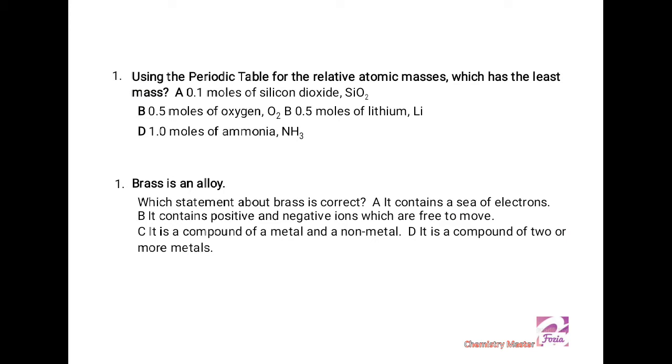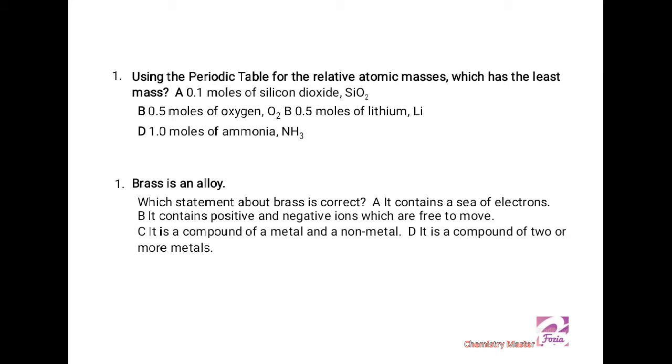Now the MCQ is, using the periodic table for the relative atomic masses, which has the least mass. Now you have to see the periodic table for it. You see what are the relative atomic masses of silicon, oxygen, nitrogen and hydrogen. When you calculate the relative molecular mass of silicon dioxide, the mass of silicon is 28, oxygen is 16 each.